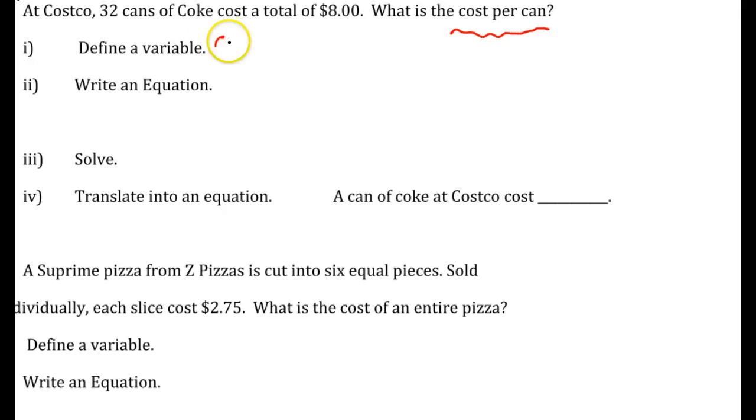C. Well, the units here would be dollars. But here we can say C is the cost, which means cost per can, right? That's what we're trying to find.